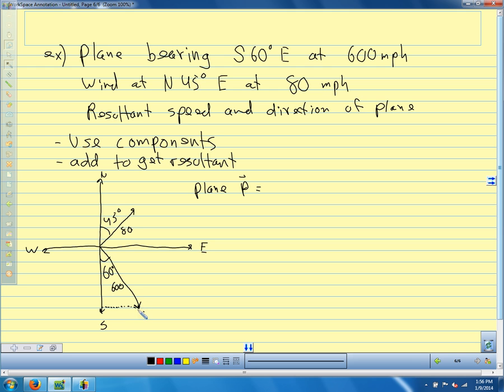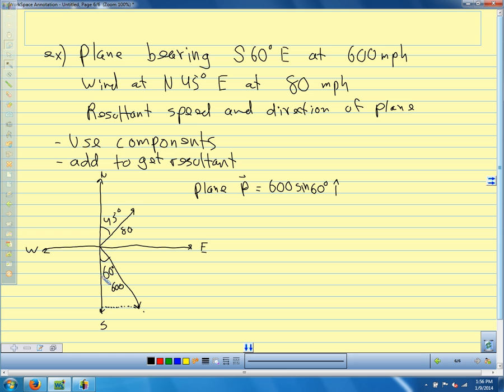Positive. Okay? So how do we find this side of this triangle? We have our 60-degree angle here. It's going to have to do with the sine of 60. Our magnitude of the hypotenuse is 600. So that's going to be 600 sine 60 degrees I hat.